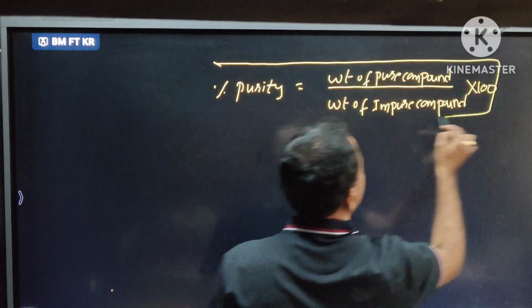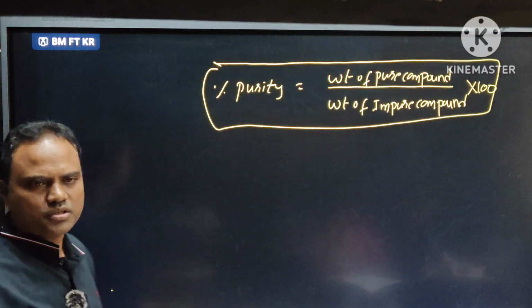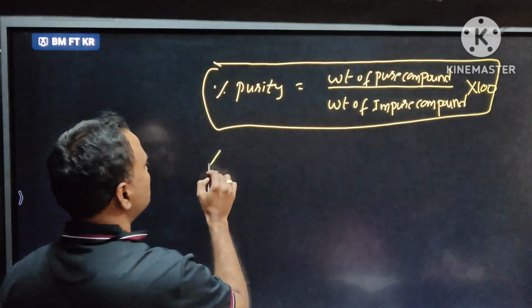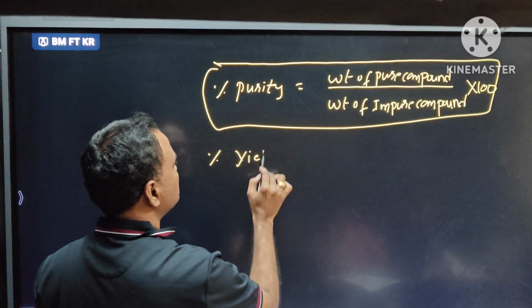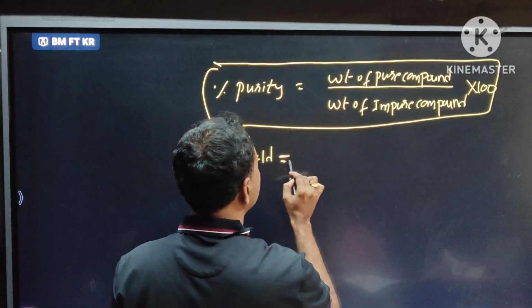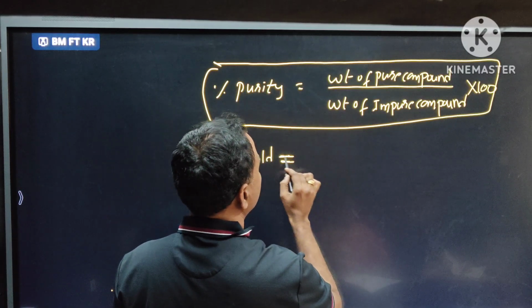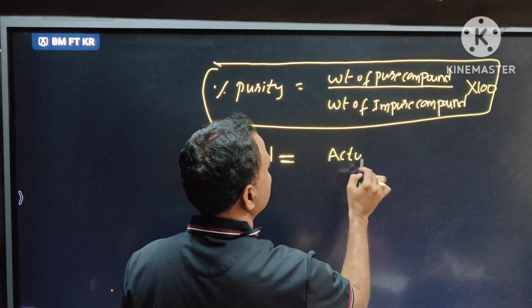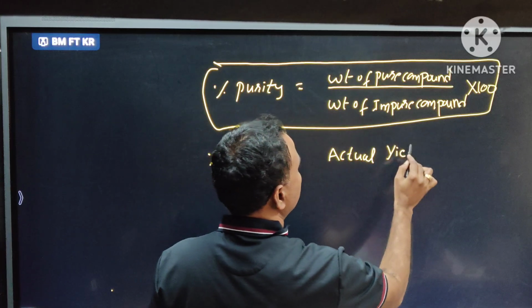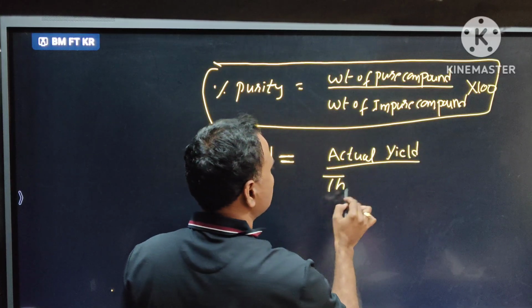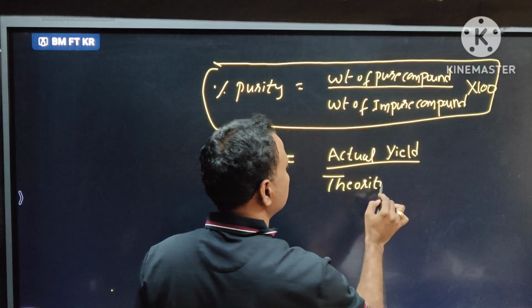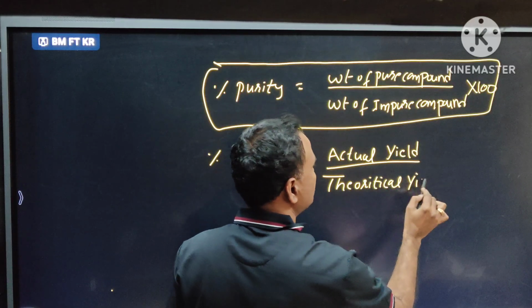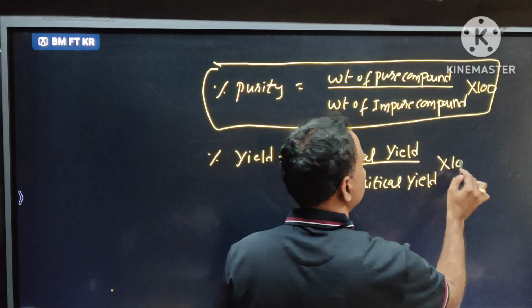Percent yield is equal to actual yield by theoretical yield into 100.